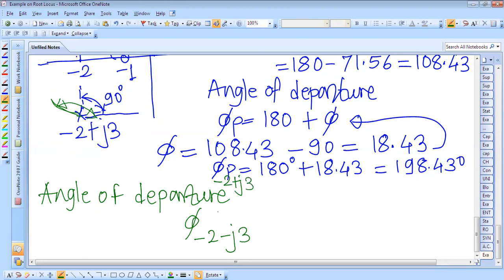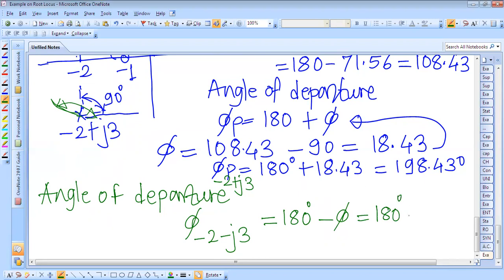So this angle of departure is equal to this 180 degree minus phi. So we know it is 180 degree, and what is the phi?